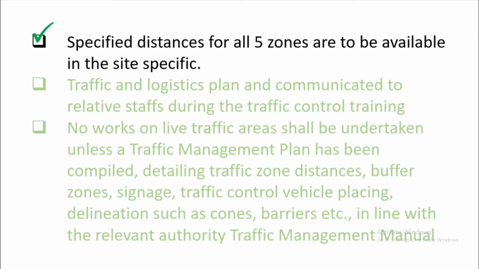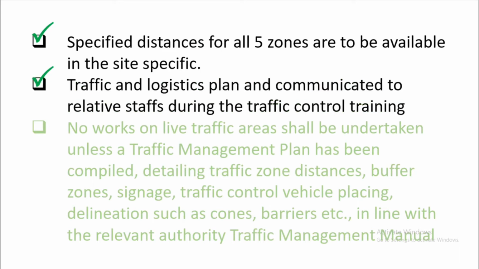Specified distances for all 5 zones are to be available in the site specifics. So when we are doing the preparation for the traffic operations, we need to identify the distances for all 5 zones, so that it will be more safe to our work area.